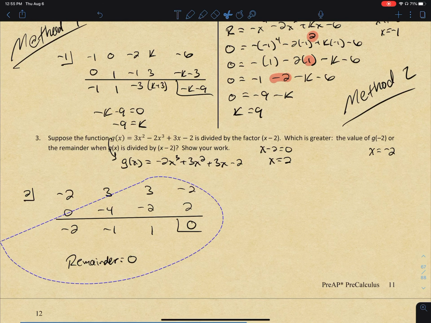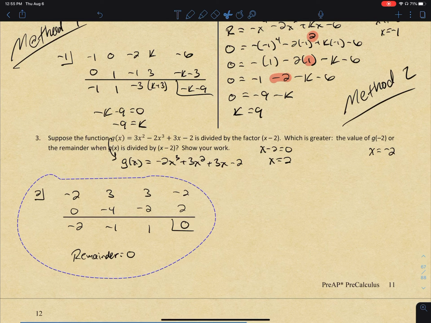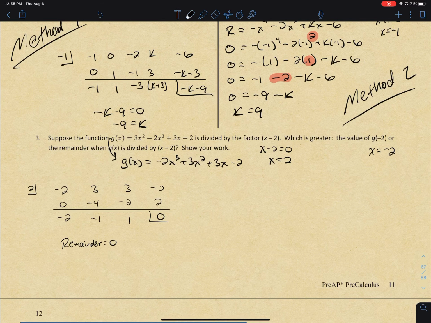If I do the second part, I can do division again, or I can just plug the number into the function. I kind of think the division's easier. So the a value I'm using here is negative 2 because we're plugging the negative 2 in.